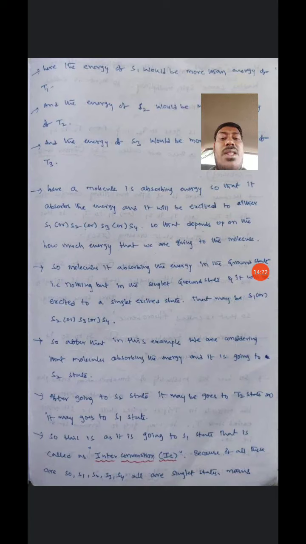The molecule absorbs the energy in the singlet ground state, and it will be excited to singlet excited states, that may be S1, S2, S3 or S4.